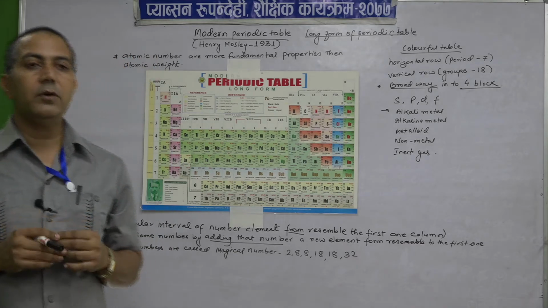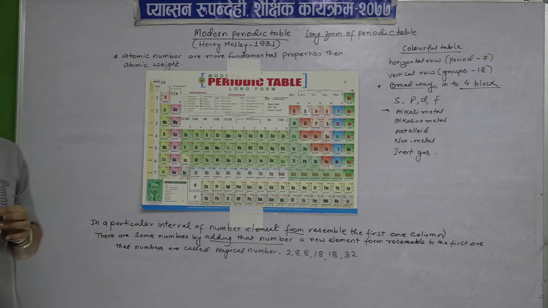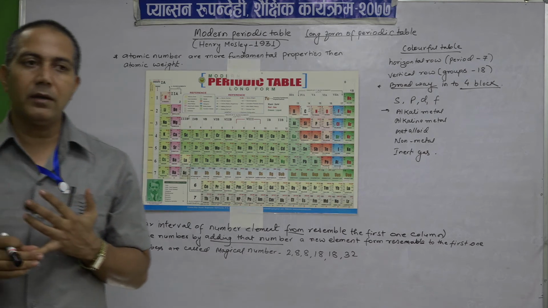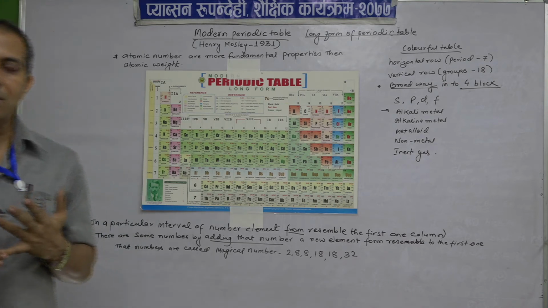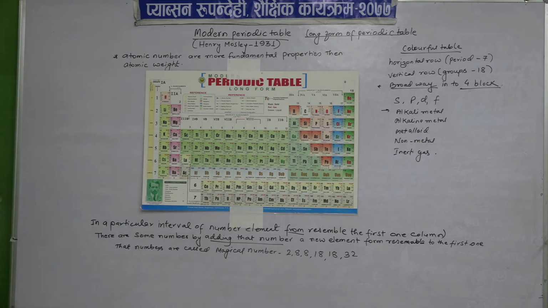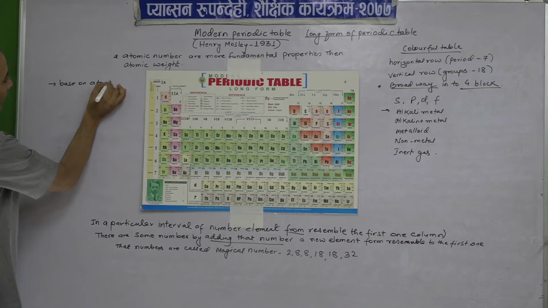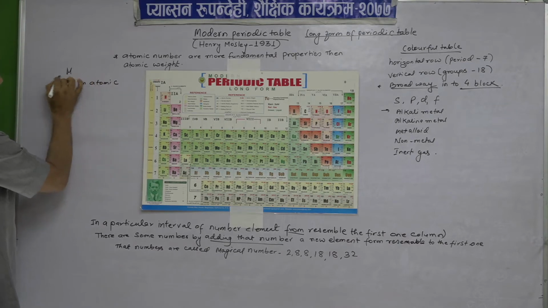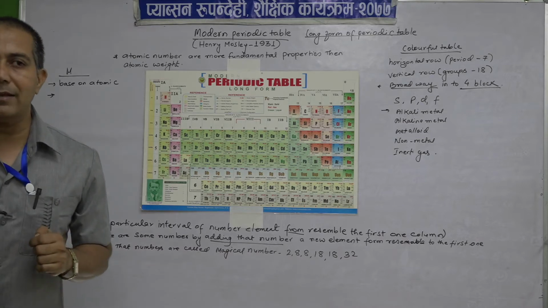The Mendeleev periodic table is based on the atomic mass. Then the next one: how many elements were there at that time?